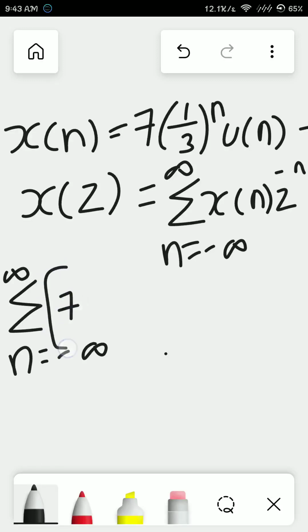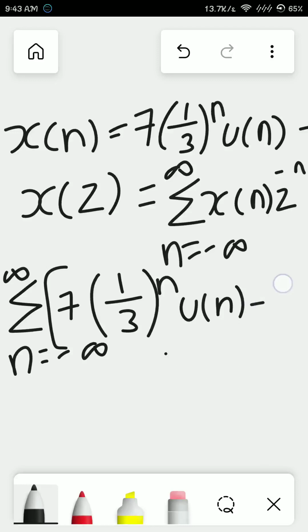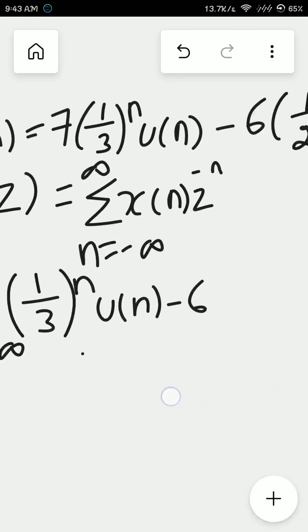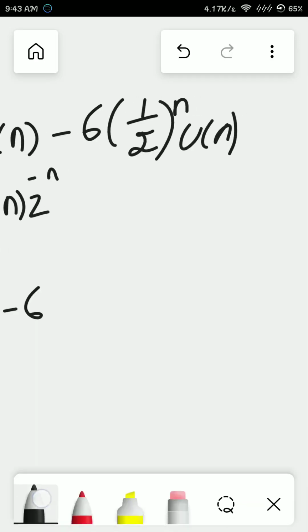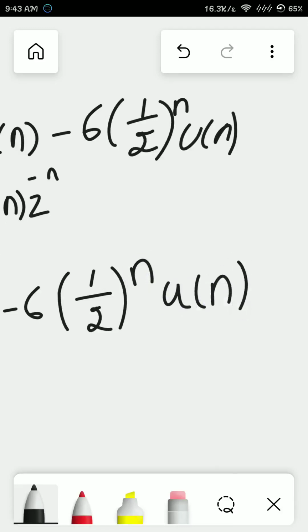We have to put a bracket because the whole x of n gets multiplied to z to the power of minus n. I guess you got it.